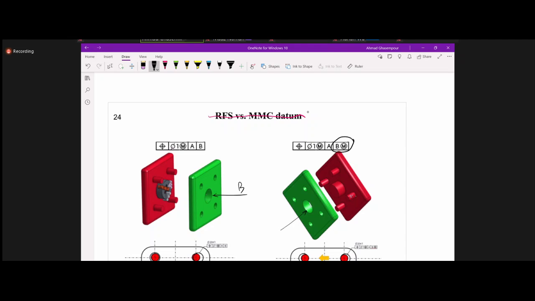So it's datum B, but it could be with symbol M or without symbol M. So instead of maximum material condition, the new terminology is maximum boundary condition. So this applies only to datums.